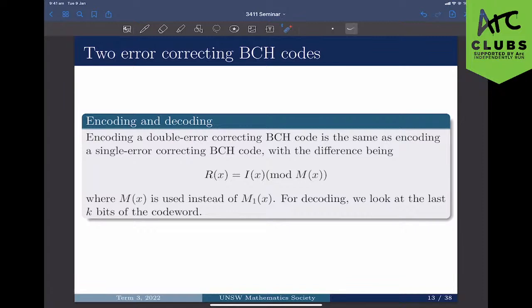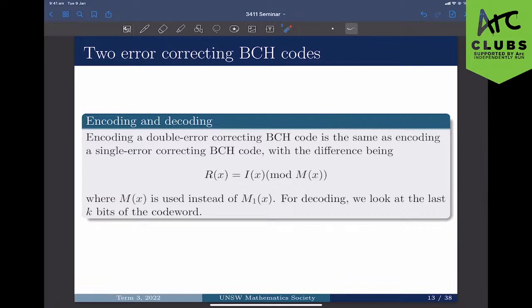So for encoding, it's pretty much the same as the single error case, except for the way we find the check polynomial. So we start off with the same information polynomial, but now we use modulus big m(x).